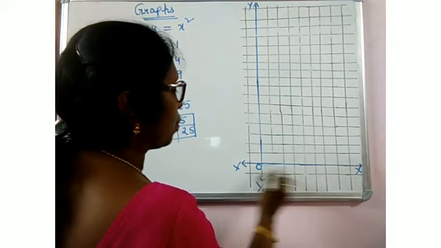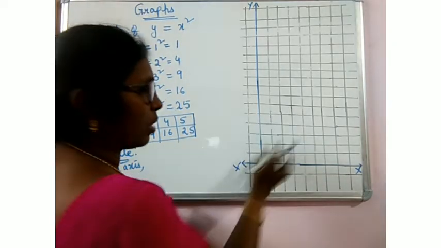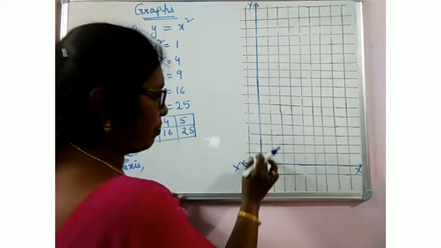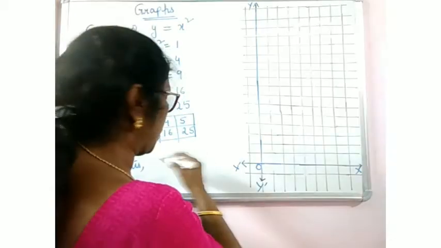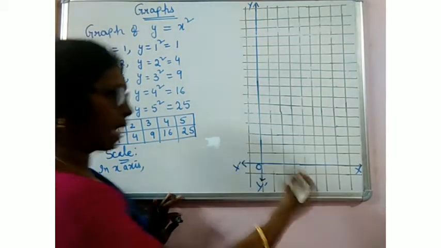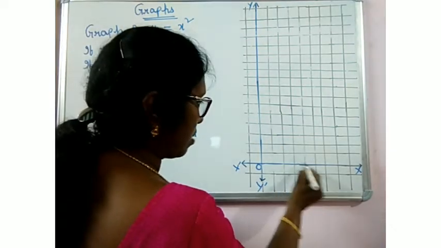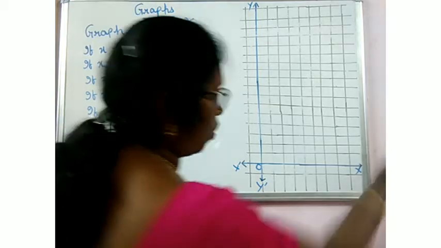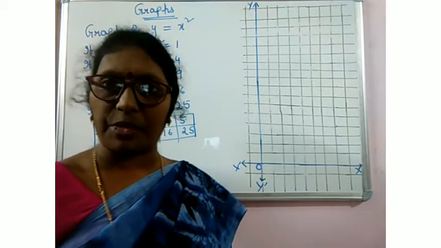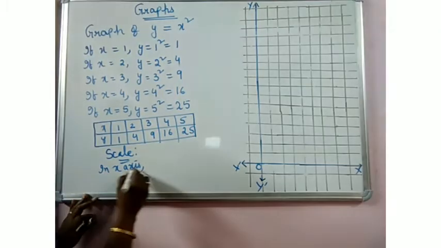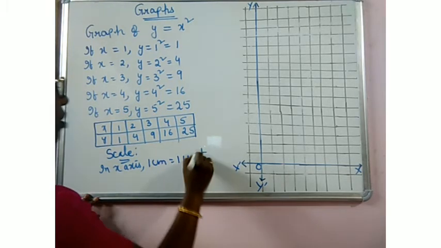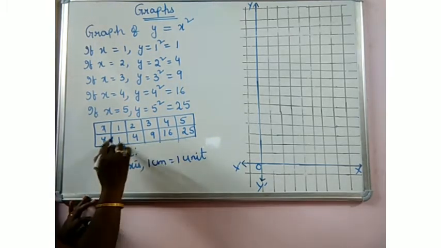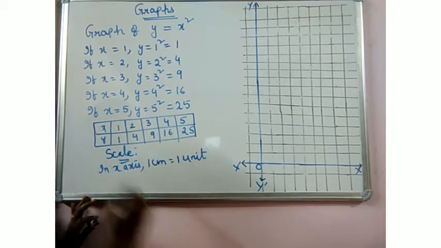Let us think that these all are 1 square cm boxes. If you take 2 cm as 1 unit, whether we can or not, we'll see: 1, 2, 3, 4. No. Our graph sheet is not sufficient. So let us take on the x-axis 1 cm equal to 1 unit. And see the y-axis. On the y-axis, up to 25 are there.